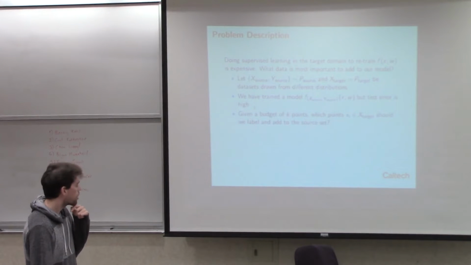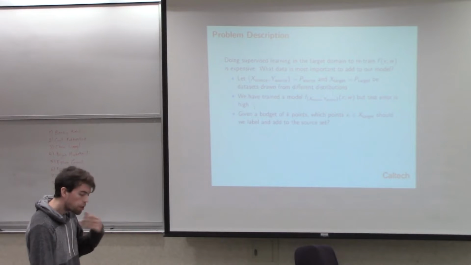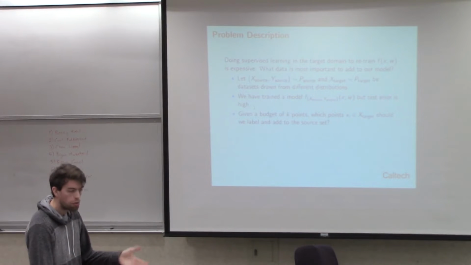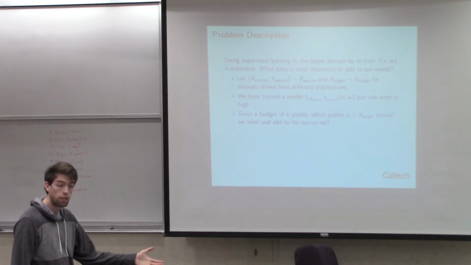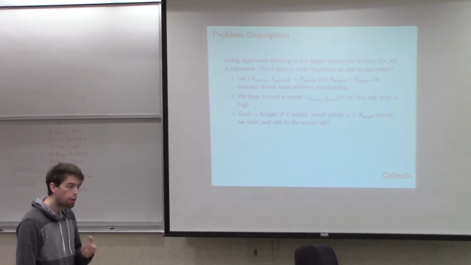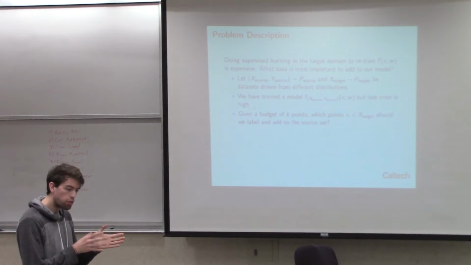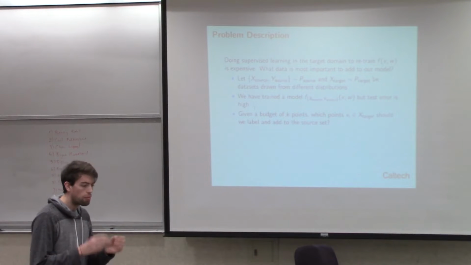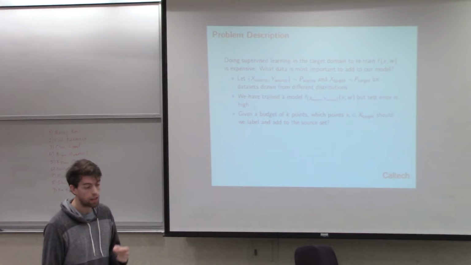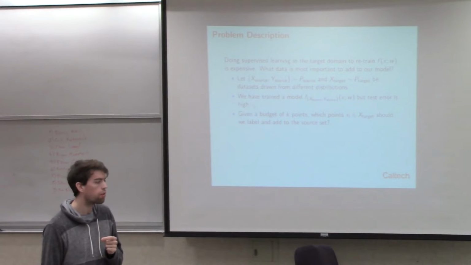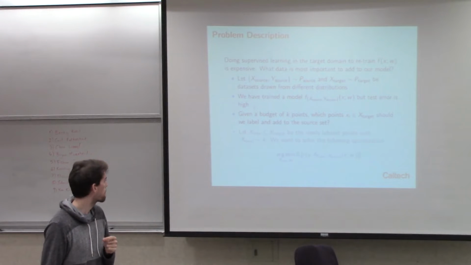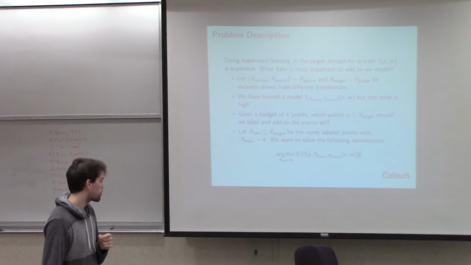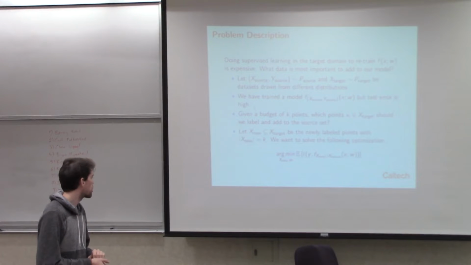Okay, so basically what we want to understand is, if we were to add some points to our source distribution from our target distribution, what would those be? How do we pick the key data points to improve our model generalization performance while labeling the minimum number of points from the target distribution? So here's a formal description of what I just said.